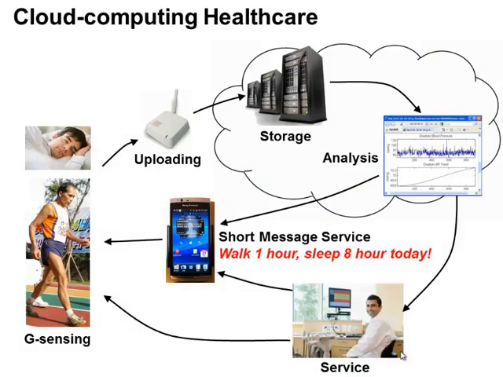In the future, an automatic service will be applied. For example, the cloud server can collect data, analyze data, and give useful information to the user, such as: please work out 1 hour and sleep 8 hours today. So the user can read the message on his cell phone and do proper exercise and get more sleep.